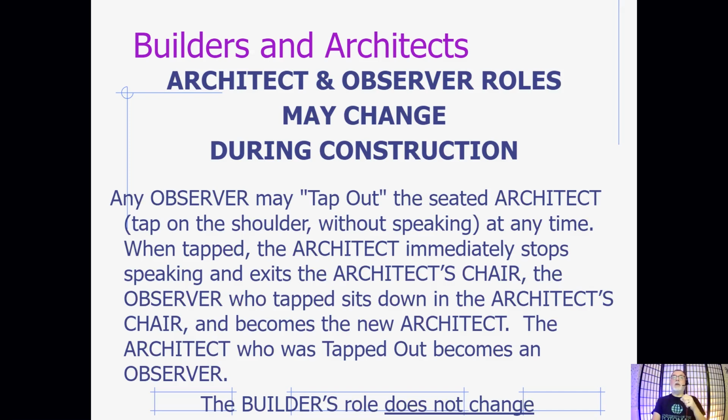So there is no talking, there is no gesturing, there is no movement that's allowed by anyone. The only thing that's allowed, the only communication, is conversation between the builder and the architect, who must be seated. So it's a two-way conversation between 2 people. Make sense?